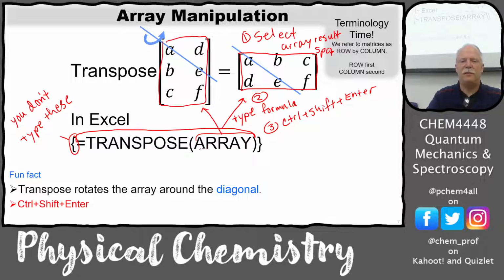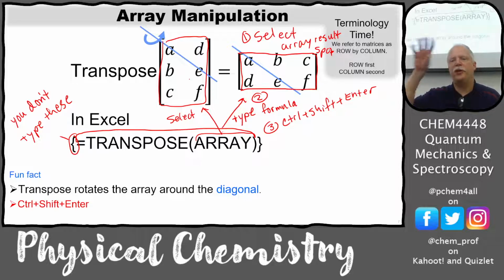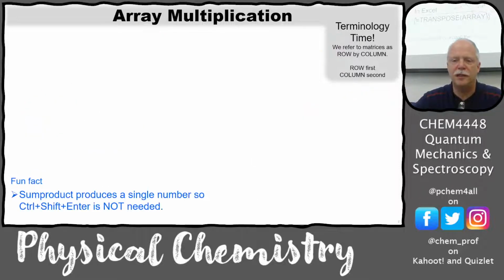So instead of typing the word array, you select the cells that you want to transpose. Okay, so you select where it's going to go, type in equal transpose, open parenthesis, then you select the thing that you're transposing, close parenthesis, control shift enter, boom, you've got it. So that's how you enter an array formula in Excel.